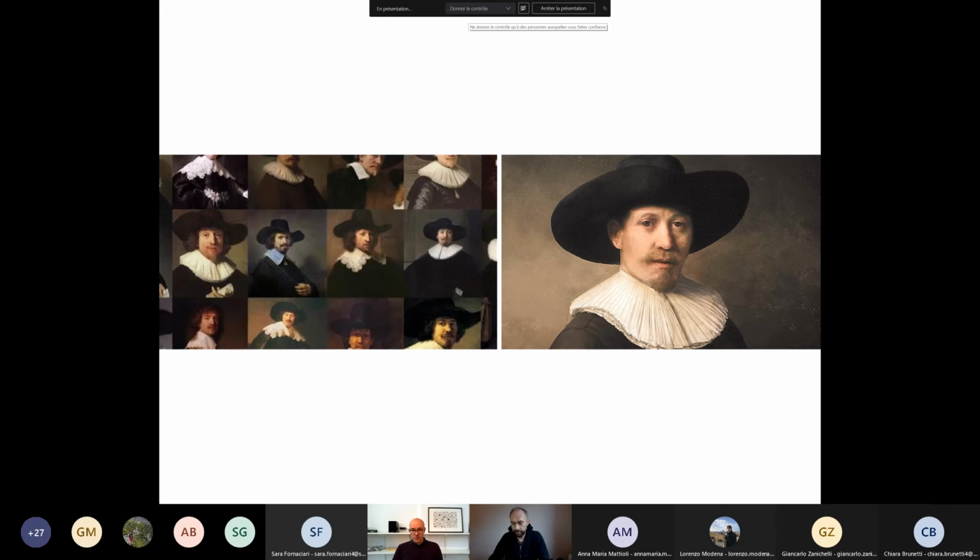Obviously a machine cannot become Rembrandt, because a machine is not inventing the Rembrandt style that was invented by Rembrandt. But if we speak about a machine that can replicate the style and the perfection of Rembrandt, then machines can do it. So my thesis in architecture is the following.